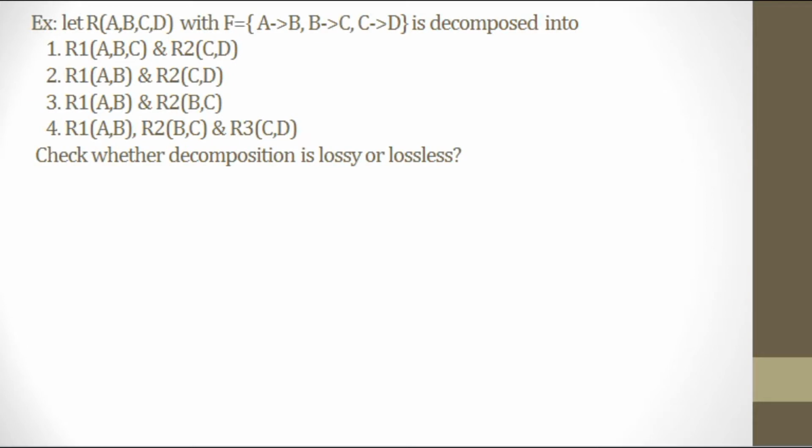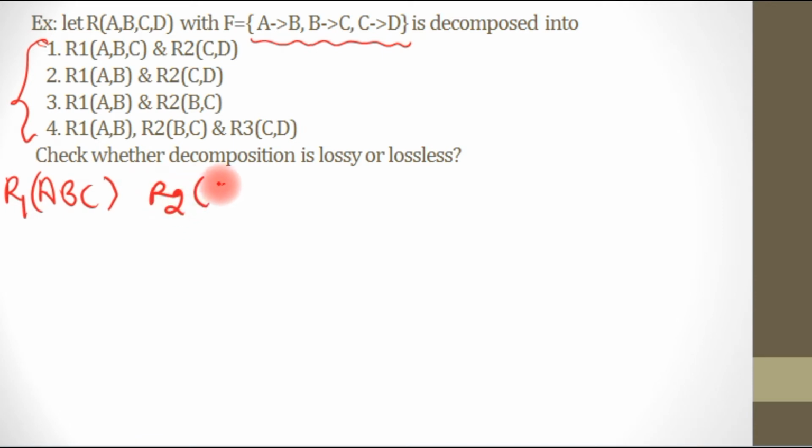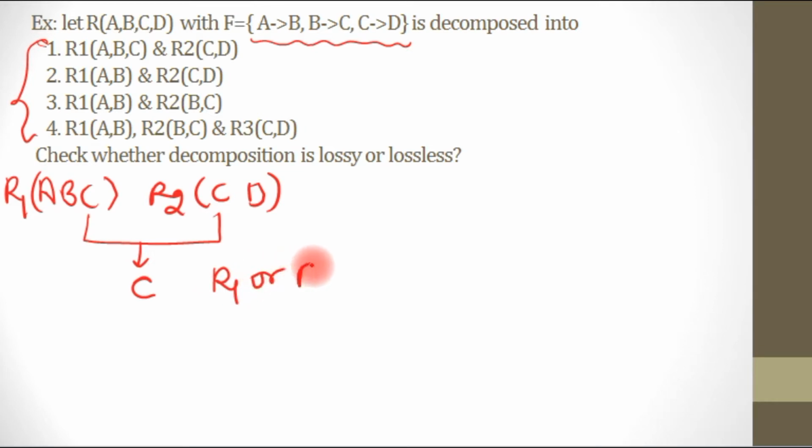Now see this second example. In this example, we have a functional dependency set and it is decomposed into four decompositions. First take the first decomposition, which is R1(A, B, C) and the next is R2(C, D). The first step is to find the common attribute between these two relations. The common attribute is C. Now check whether C is the super key of either relation R1 or R2.